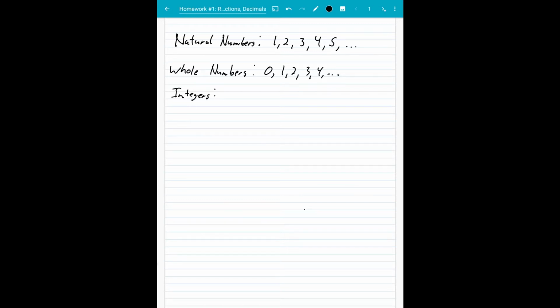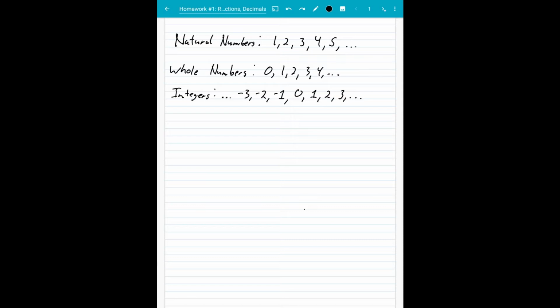So integers go like this: -3, -2, -1, 0, 1, 2, 3. As you can see, they continue on this way and they continue on this way, so they go on forever in both directions. They're still counting numbers, still whole numbers. That's what an integer is.